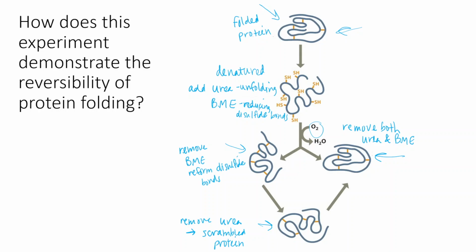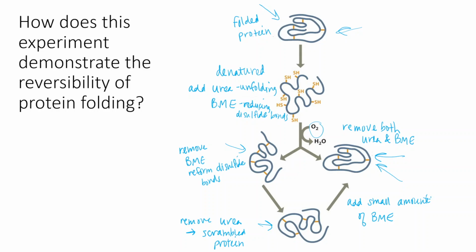So how can we then take this scrambled protein on the bottom and bring it back to its happy native state? Our last arrow. Yeah, so you would add just a small amount of BME.